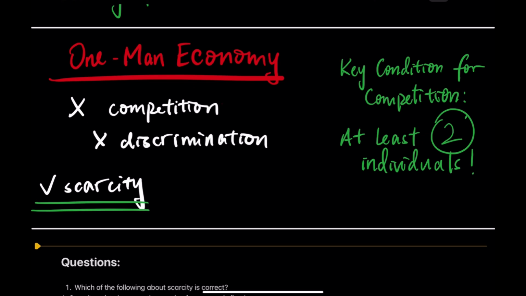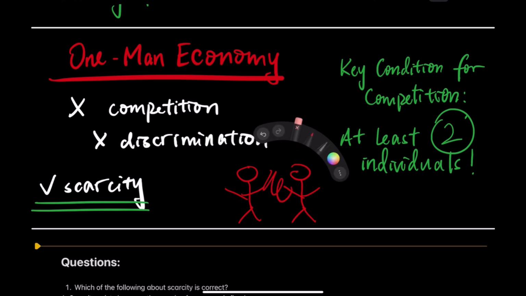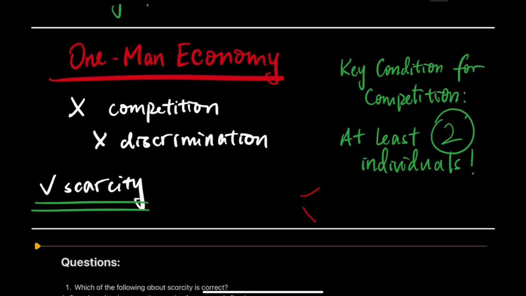Now, competition requires at least two individuals. If not, would you be fighting with yourself? You wouldn't, right? So you need at least two people to actually compete for something. You cannot compete with yourself. Okay, that's the idea. Now, note that in a one-man economy, scarcity also exists, okay?